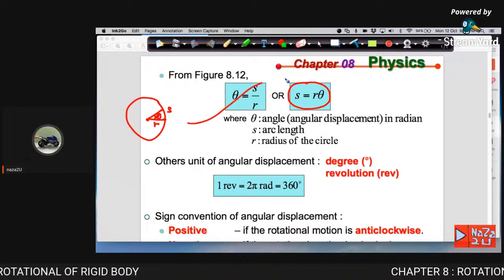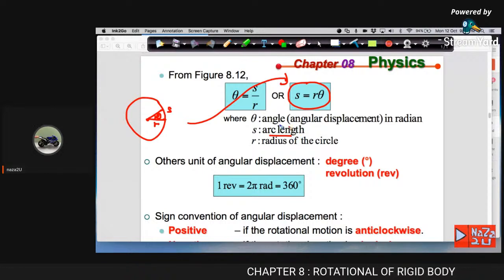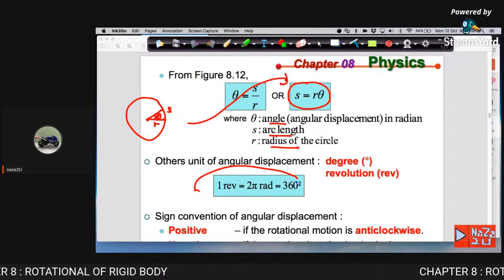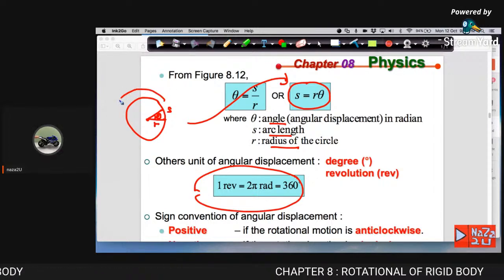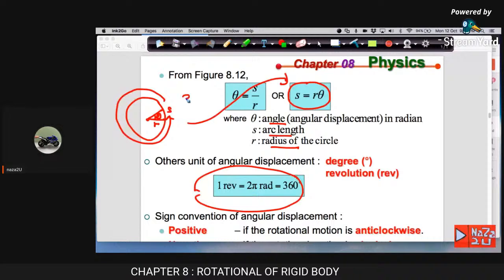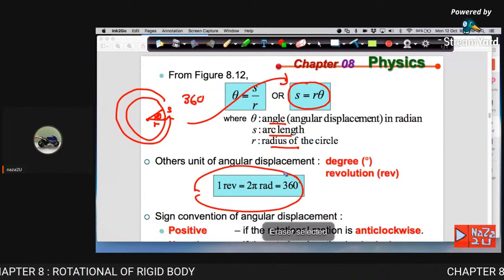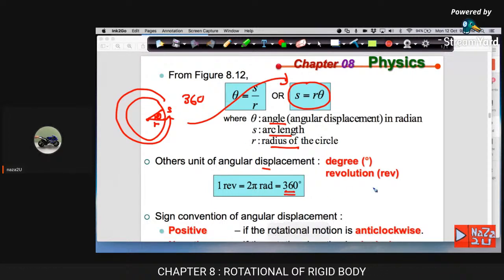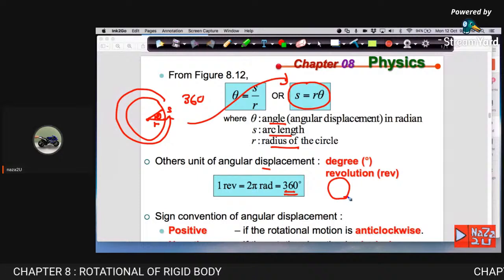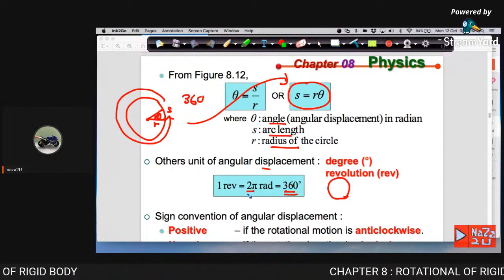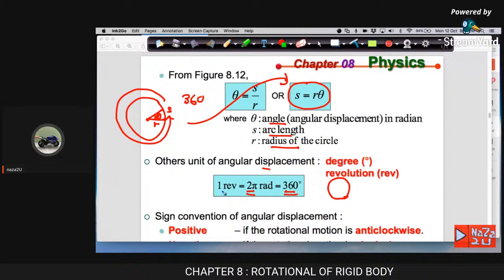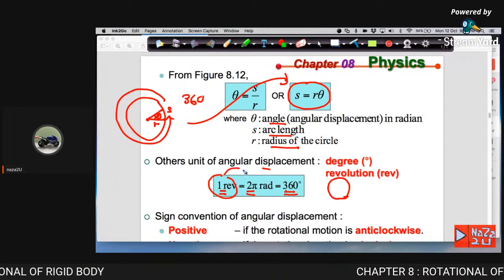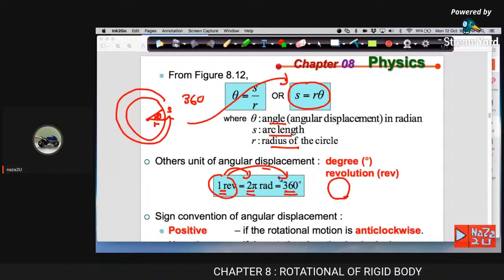So arc length, angle, and radius are related. And we know that one complete circle is 360 degrees. One complete rotation is 360, which is equal to 2 pi, and it is also one revolution. One revolution refers to 2 pi, and it also refers to 360.